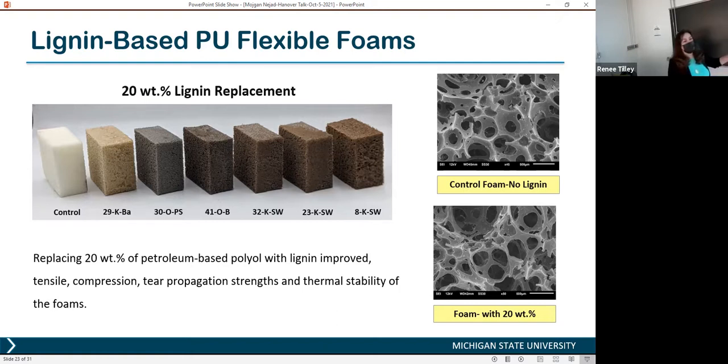Ford was very interested in this project, and what we found is that when we are replacing 20% of the polyol with lignin, we're not only making it more sustainable, increasing the bio-based carbon content of these foams that can be used for automotive application, we also improve the tensile, compression, tear propagation, and other properties of the foam, in addition to flame retardancy, antimicrobial, antibacterial properties that I mentioned, lignin is there.